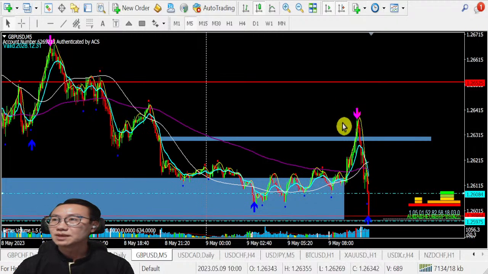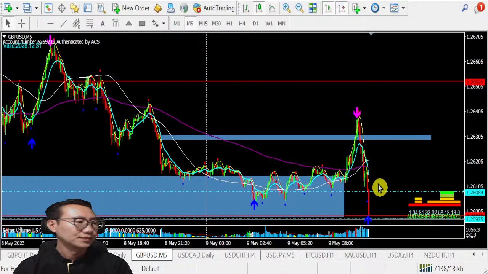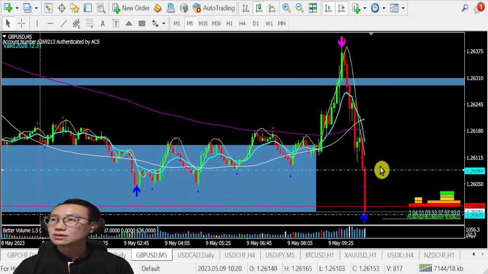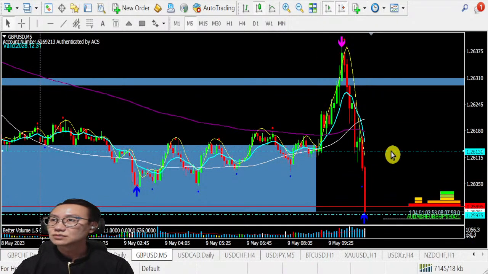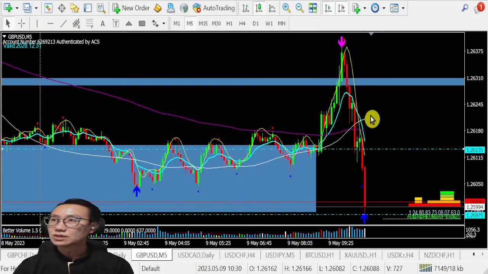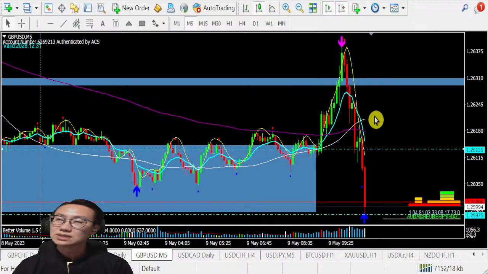Yeah, this is what I meant by just now. I'm waiting for a selling opportunity. Just now we were talking about this area here. It started to go up. I'm waiting for it to test onto the resistance, but it did not test into that resistance. It started to form another lower highs.